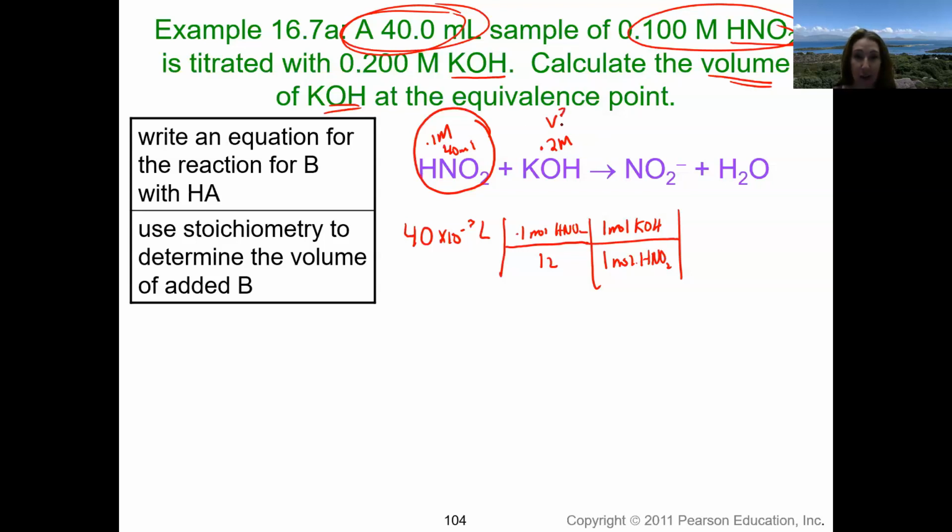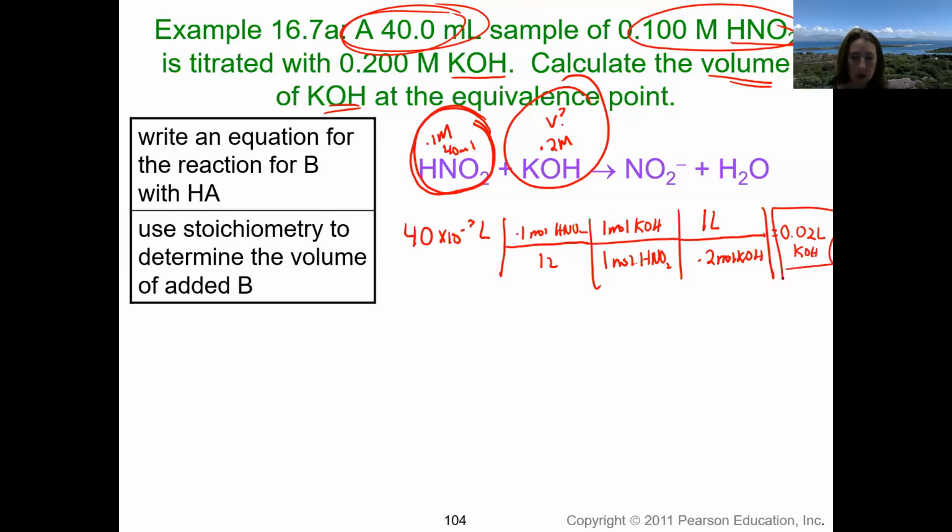See, this looks like a Chem 219 or Chem 209 stoichiometry problem. If I have this, I want to know how much volume of this I need. So then I have 0.2 moles of KOH per 1 liter. And you get 0.02 liters of KOH.